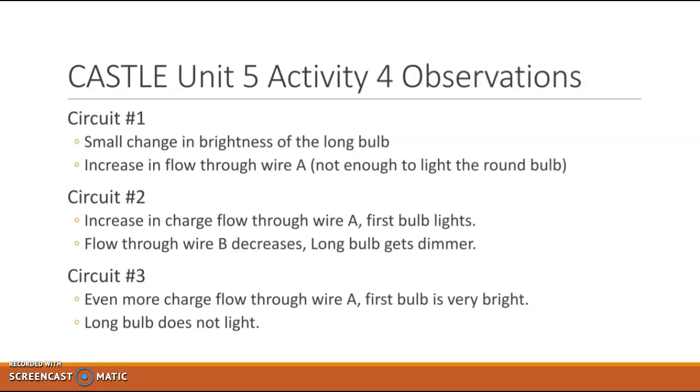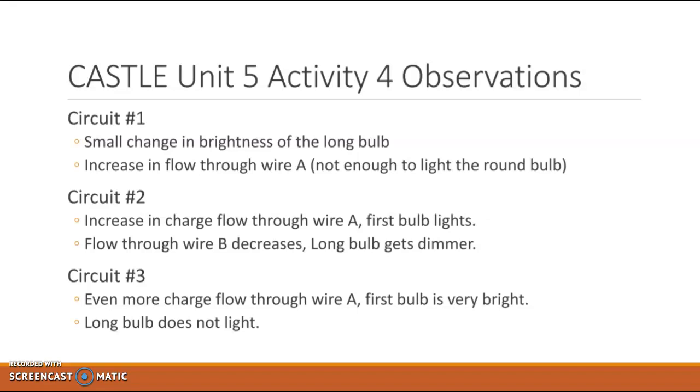Now, in circuit number 3, we had a similar thing happen. We saw even more charge flow through wire A, that trunk wire, but the first branch wire, wire B, had no flow through it, or at least very, very little flow, not enough to make that long bulb light. Whereas wire C, that shorting wire, which has very, very little resistance, saw a lot of charge flow. We were able to see that.